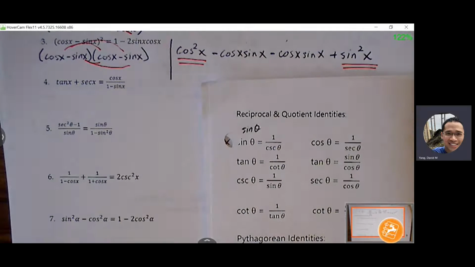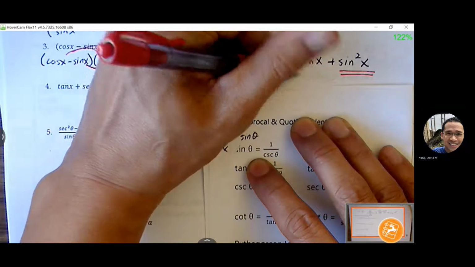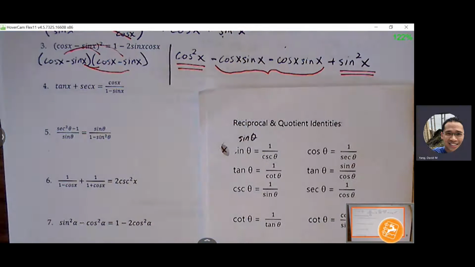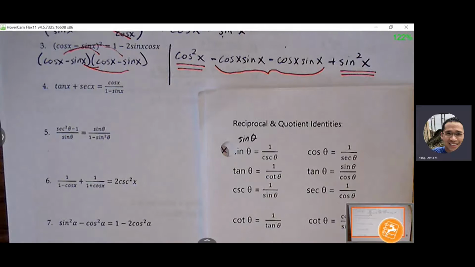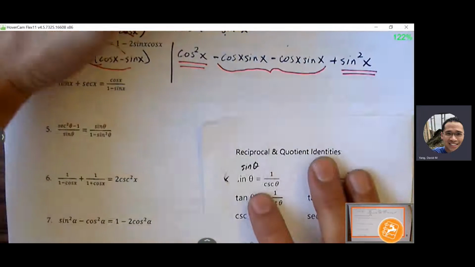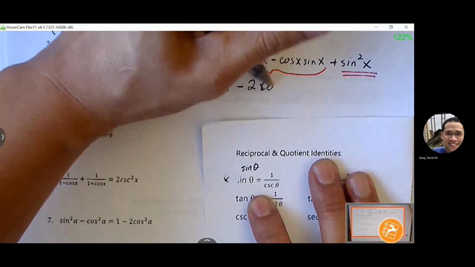We know sine squared plus cosine squared is 1. Then, what about these? They're like terms, right? Combine those two to get -2 cosine. So we're left with 1, 2 cosine.